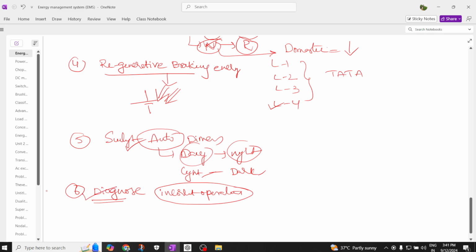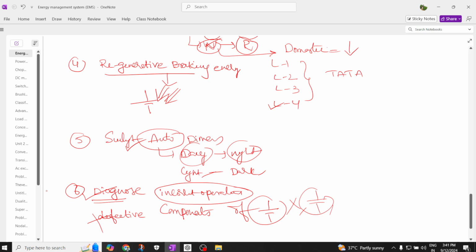You can perform diagnosis and identify the defective components: which components are damaged or undergone a defect or are not working. The energy management system will help us identify the defective components of the battery. Sometimes the battery may fail due to over temperature, or some cell may be malfunctioning, or there may be an unbalance of voltage.